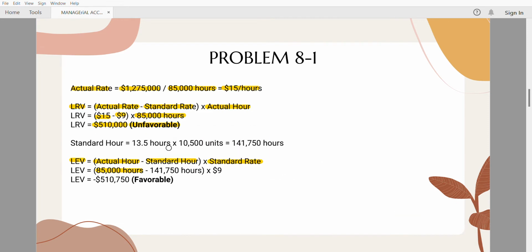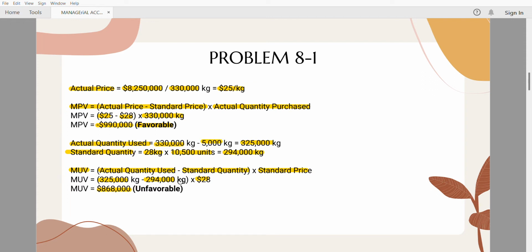So 13.5 hours times 10,500 units, we get 141,750 hours. Then we put it into the formula, 85 minus 141 times $9, the standard rate, and we get this amount, and it's favorable since it's minus. And we are done for problem 1.